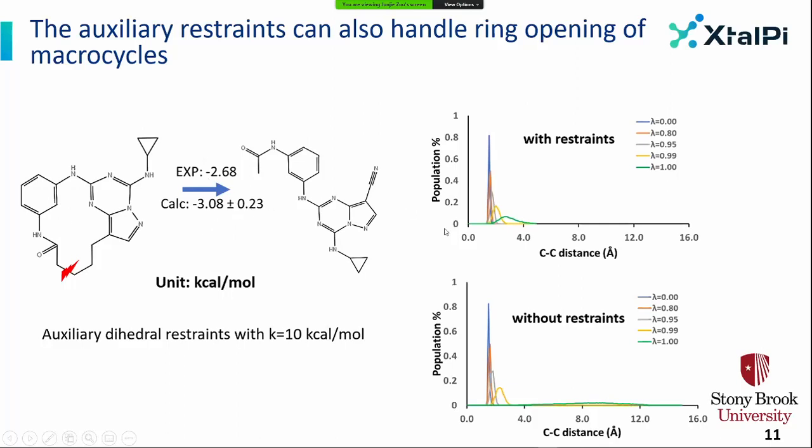But even using the same strengths for the dihedral restraints, for the same 5 lambda windows, we are still getting sufficient distance overlap under the restraint. But without restraint, the last 2 windows, which are 0.99 and the exact one, almost have no overlap. So this will definitely fail the TI calculation and the BAR calculation.